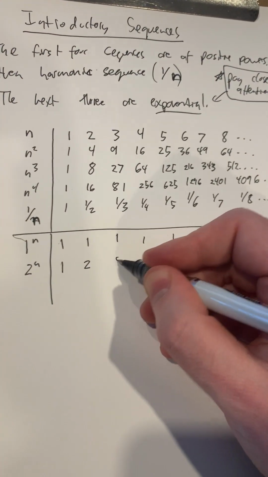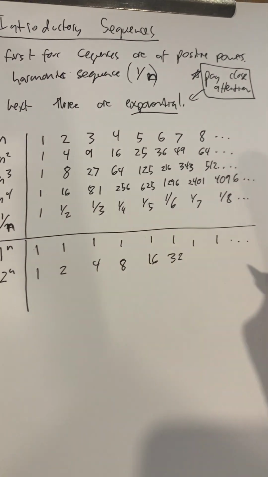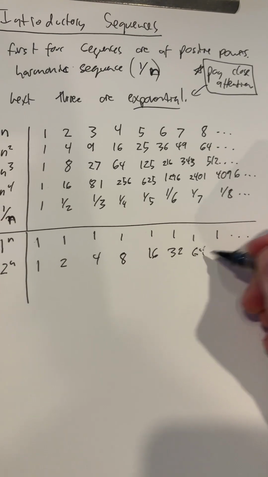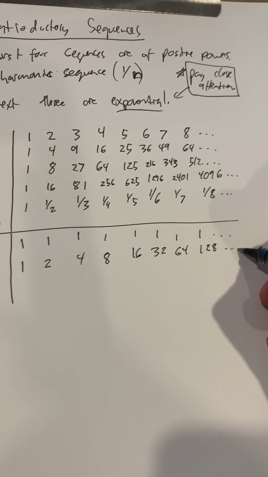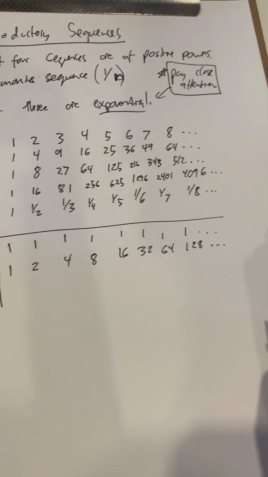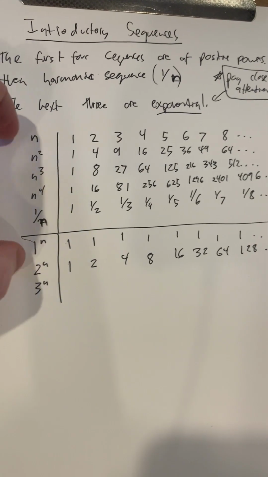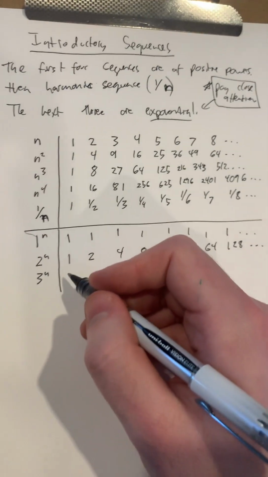Here we get 1, 2, 4, 8, 16, 32. In fact, there may be multiple ways of generating this code. 64, 128, and on forever. Again, we can increase this as many times as we like. So here we have multiple options for many different potential sequences that we can very easily generate with our code.